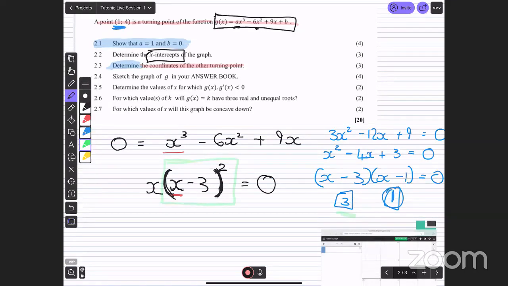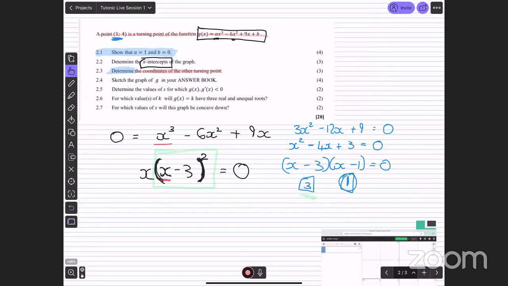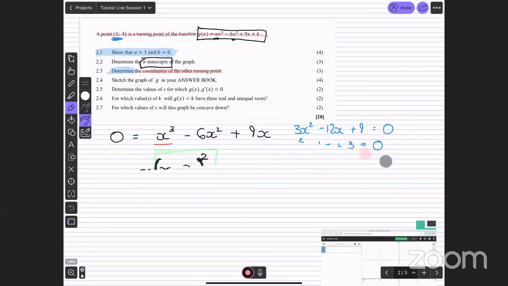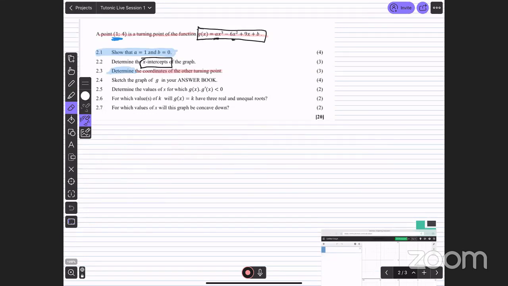Okay. So now they want us to sketch the graph. So who remembers the 3 things that I said you need to sketch a cubic graph? There are 3 things. First thing, the intercepts, the x and y intercepts.